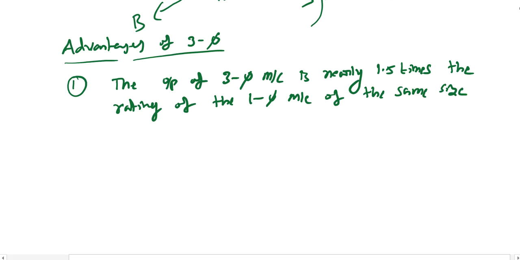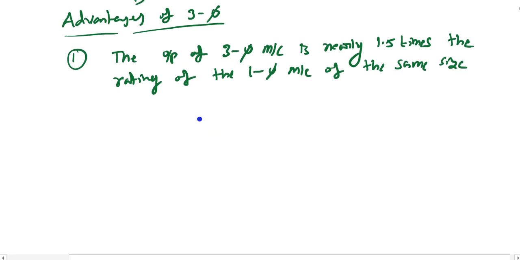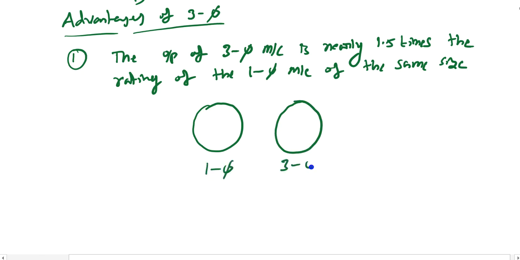So what is the meaning of this point? Suppose we have machines of the same size, one meant for single phase and one for three phase. Size is the same, which means the cost incurred to manufacture these two machines is the same. But what is the output?